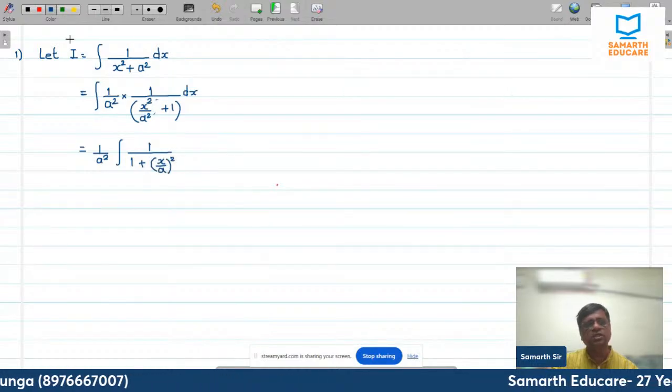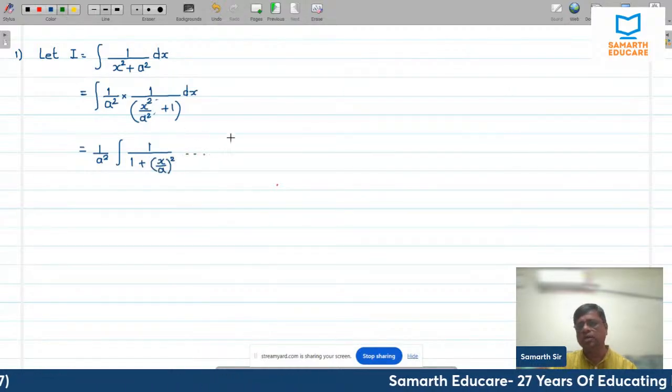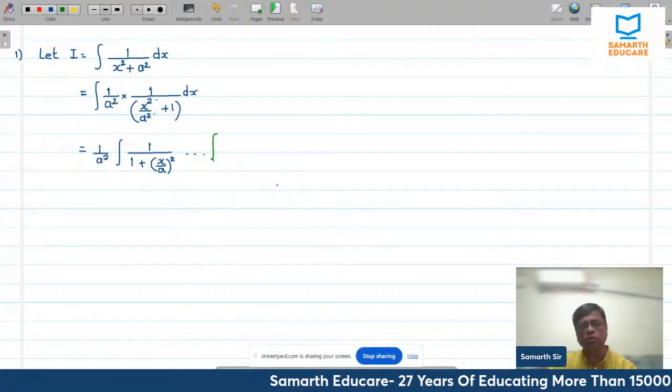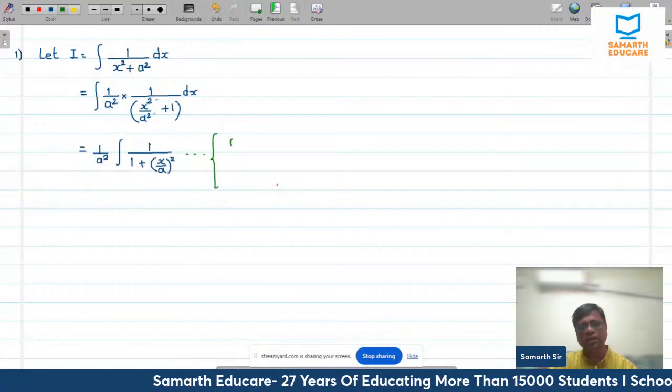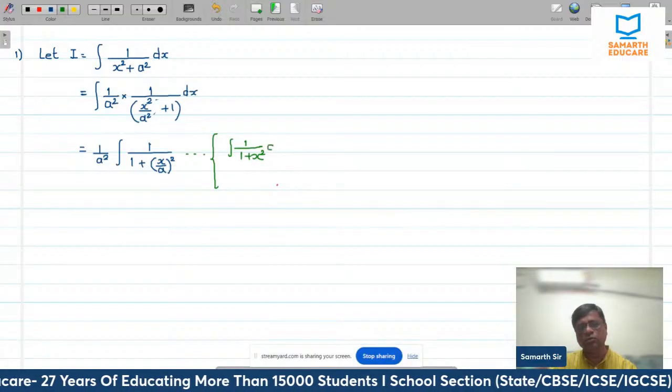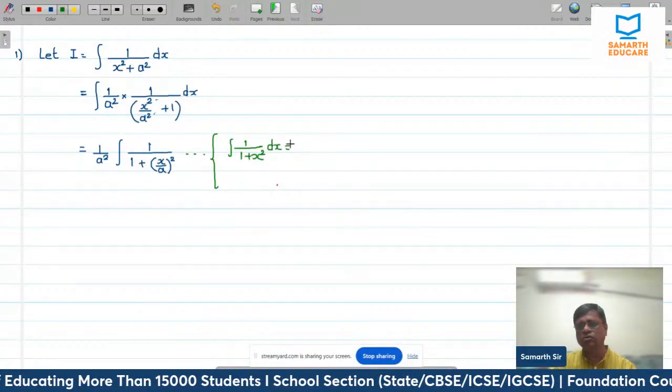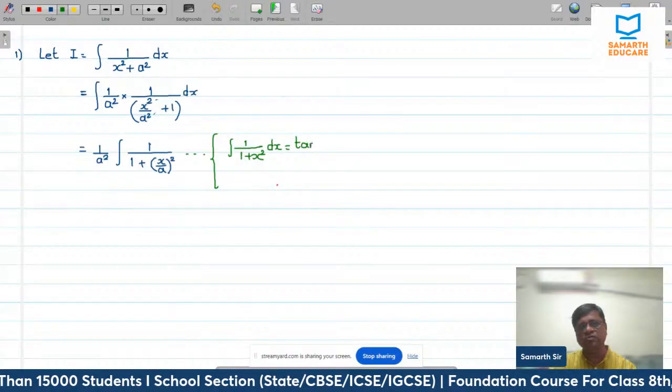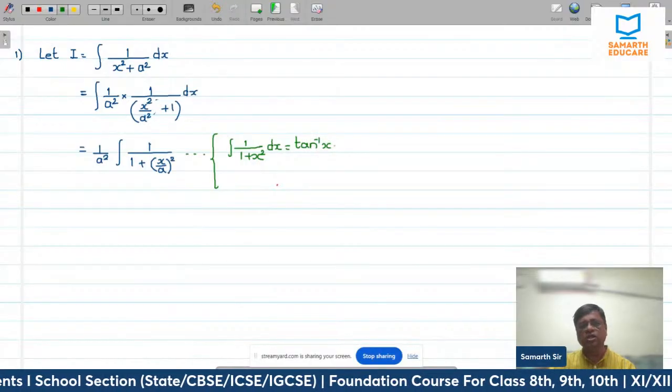तो इसको देख के किसकी याद आती है? I want you to understand two different things. Number one, integration of 1 upon 1 plus x square, if I do dx, then that is equal to tan inverse x, if you are aware, या फिर minus cot inverse x.